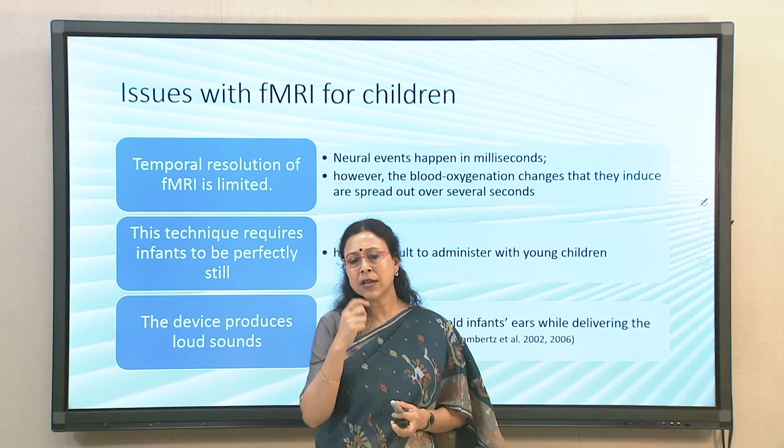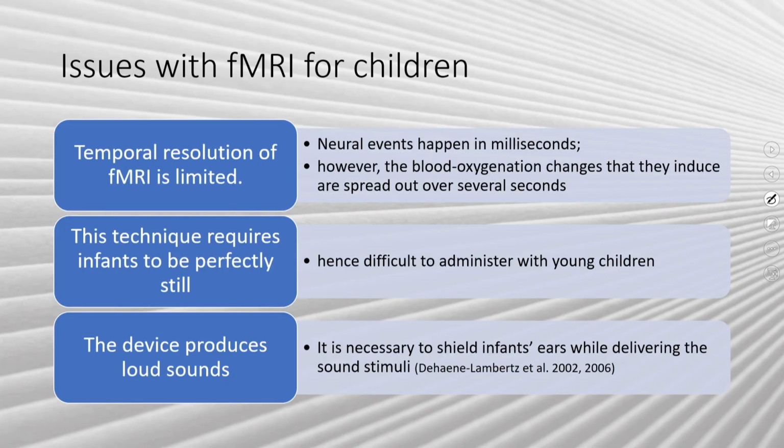Now, using fMRI with children has some problems because of various factors. For example, the temporal resolution of fMRI is limited. Neural events happen in milliseconds. Any kind of activity that you do, the activity in the brain will happen for a very short time.